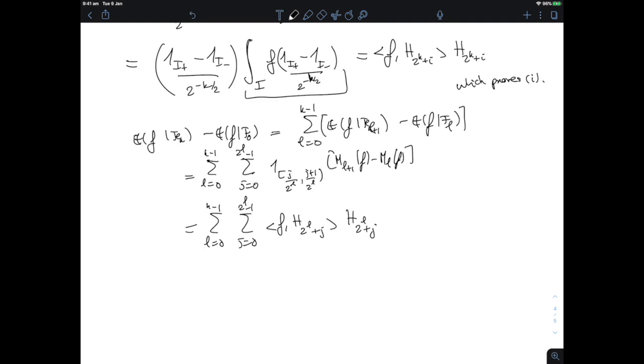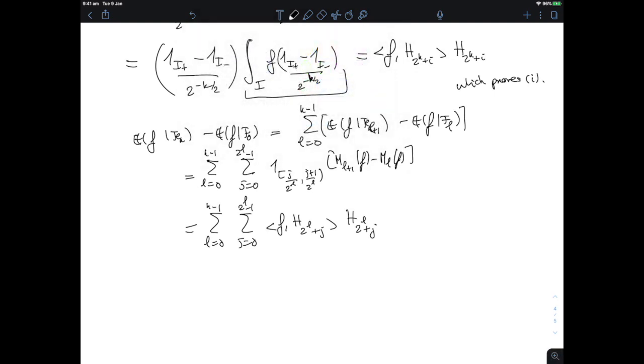Okay, but this is just a specific ordering of the Haar basis, rewriting every natural number n in a dyadic way, sorry, in something of the form 2 to the l plus j for some l in N and some j between 0 and 2 to the l minus 1.